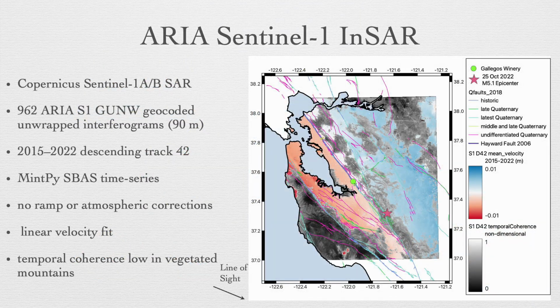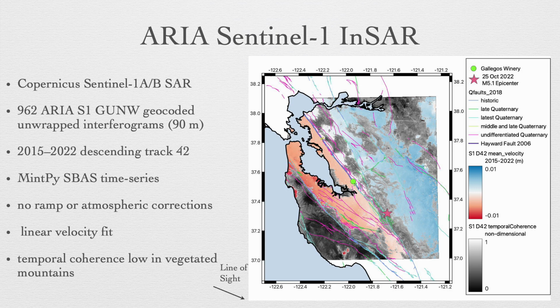European Copernicus Sentinel-1A and B satellites have acquired data over this area since 2015. The ARIA system at JPL has processed 962 geocoded unwrapped interferograms, also called GUNW, that we put into the time series analysis software called MintPy.